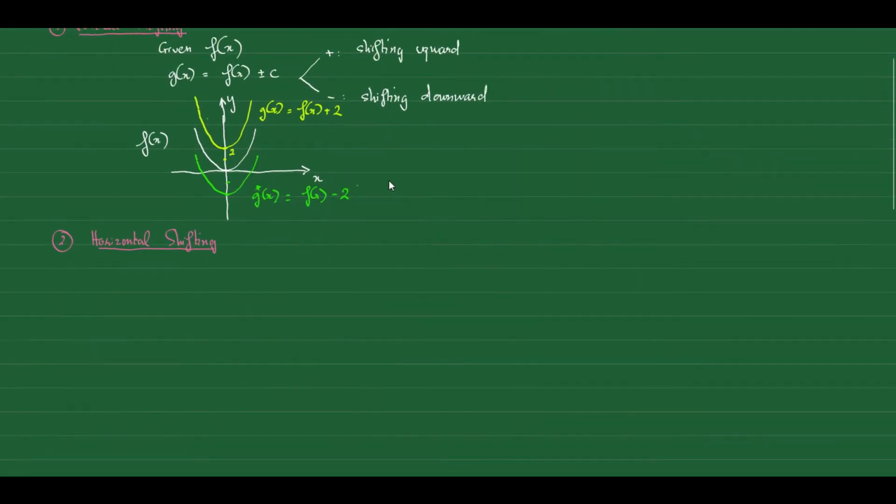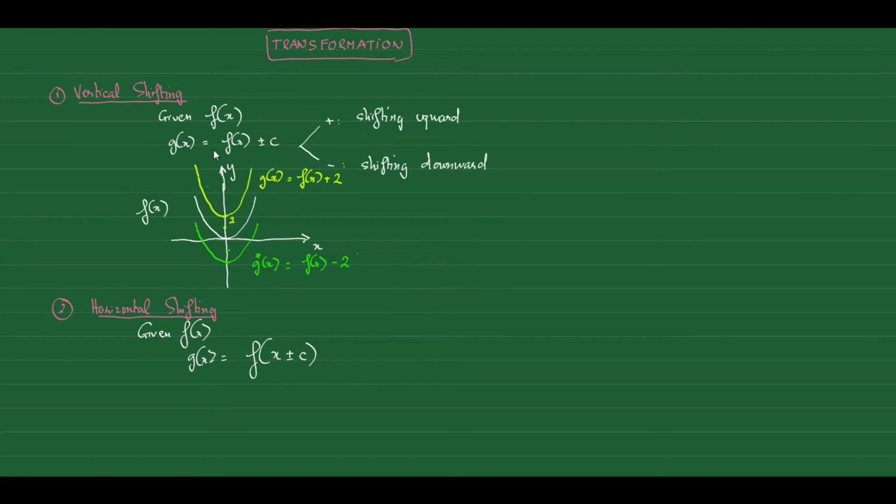So the second one we call horizontal shifting, and the new function can be obtained by subtracting or adding c units to the argument. So the g function can be obtained by subtracting or adding c units to the argument. So you see the difference?